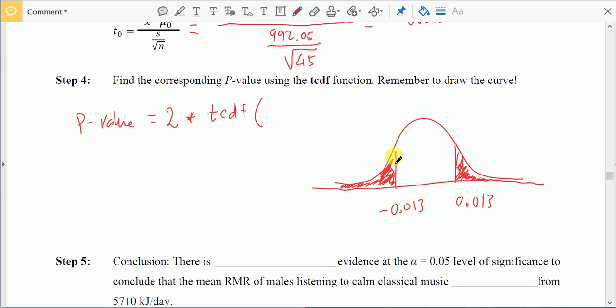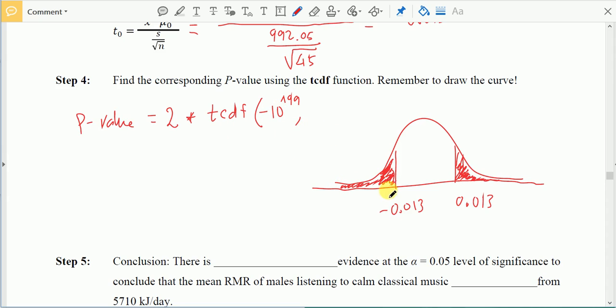I'll compute the area under the left curve. The lower bound is all the way to the left, a very small number, and we usually use minus infinity, but there's no infinity symbol, so we can use minus 10 to the power of 99. Okay, that's a very small number.